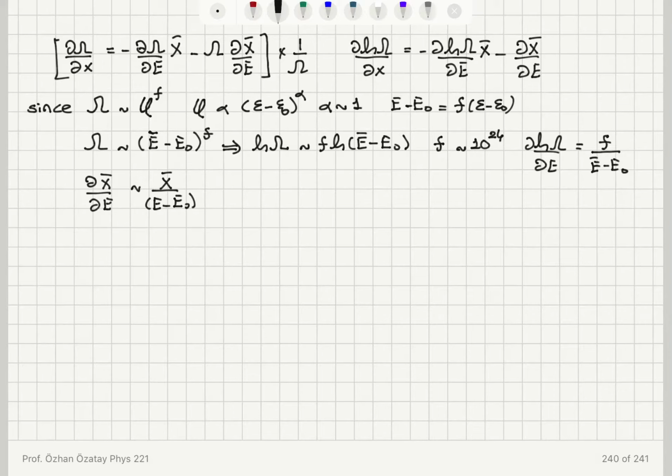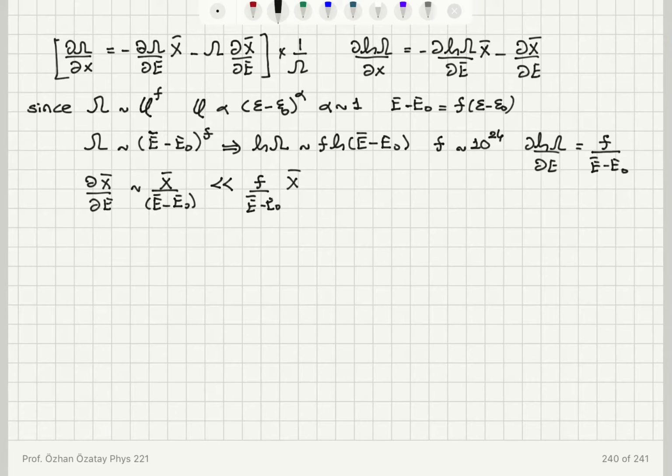So this will be of the order of Avogadro's number, so it's going to be huge, whereas here I have x bar divided by E bar minus E0 at equilibrium. So this is much smaller than the other derivative, which is f over E bar minus E0 times x bar.